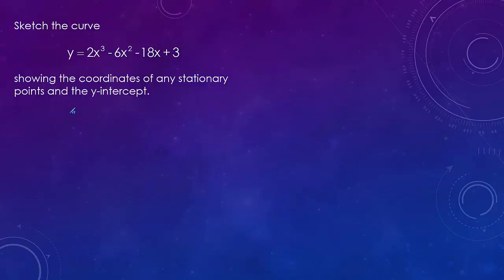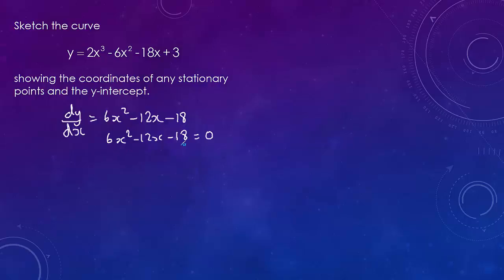So, stationary points, we need dy/dx, and we want it to be 0. So it's going to be 6x squared minus 12x minus 18, and then we're going to need 6x squared minus 12x minus 18 to be equal to 0.